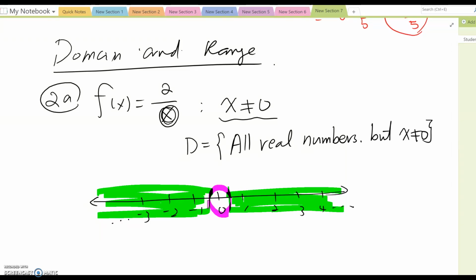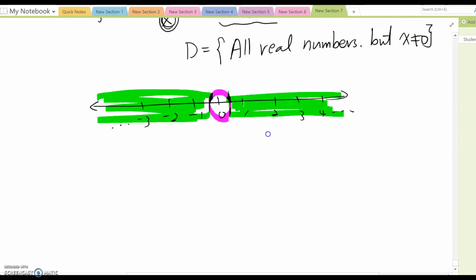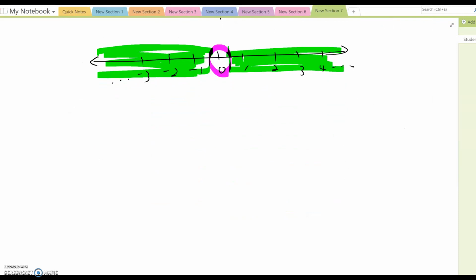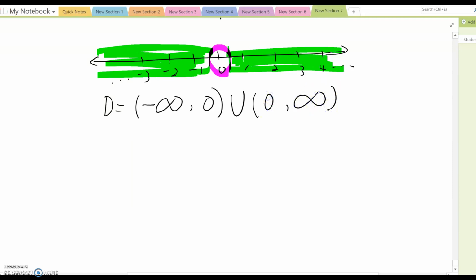So from the negative side to 0, but not inclusive, and then from 0 to the positive side, but also 0 is not inclusive. Therefore, we need to divide into two different intervals based on 0. So the domain is negative infinity, comma 0, with a parenthesis because it is not inclusive, union, because we also have the other side, and then 0 comma infinity. We can say it this way.